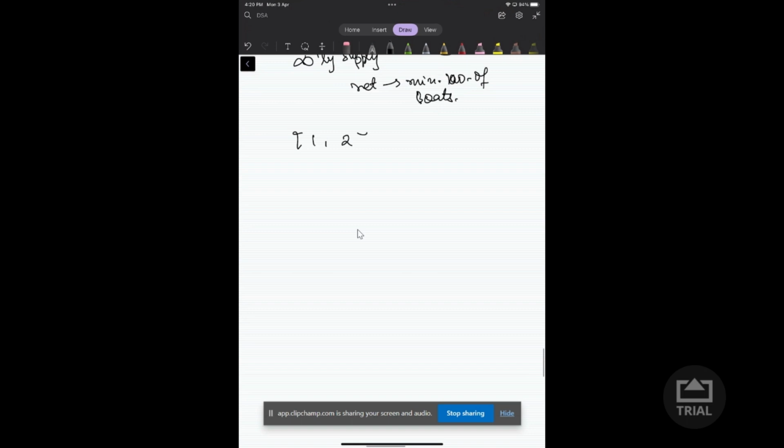So if we see the first test case, the limit is equal to 3. So we have boat 1. We'll go to the first person and check if the weight of this person is less than or equal to the limit. Is 1 less than the limit? Yes. So we'll take the first person on the boat, and we'll go to the next person.